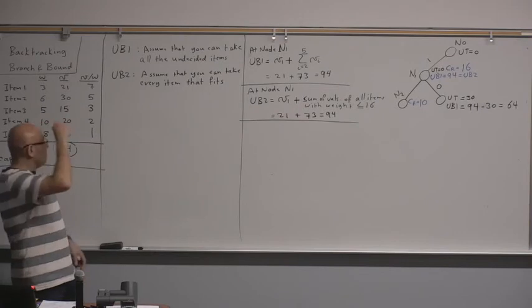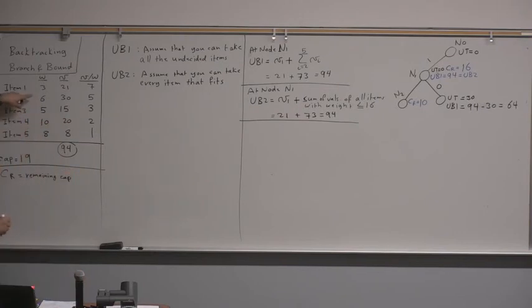You just go through the remaining items and check if they fit in the remaining capacity or not. If they fit, you take them. If they don't fit, you don't take them. So at this node, will there be a difference? No, there will be no difference because this fits. 6 is less than or equal 10, fits. 5 is less than or equal 10, fits. 10 is less than or equal 10, it fits. 8 is less than or equal 10, it fits. So we are only checking each item individually at this point.